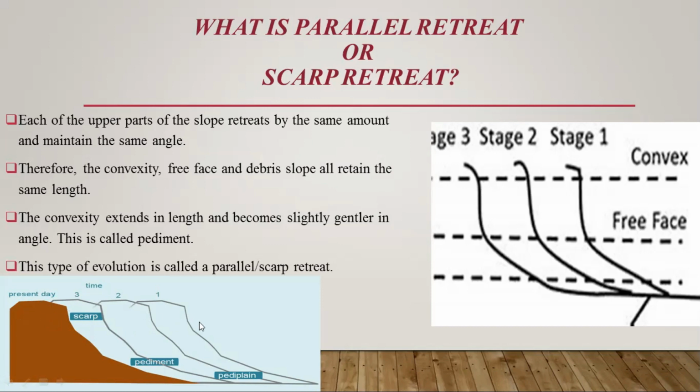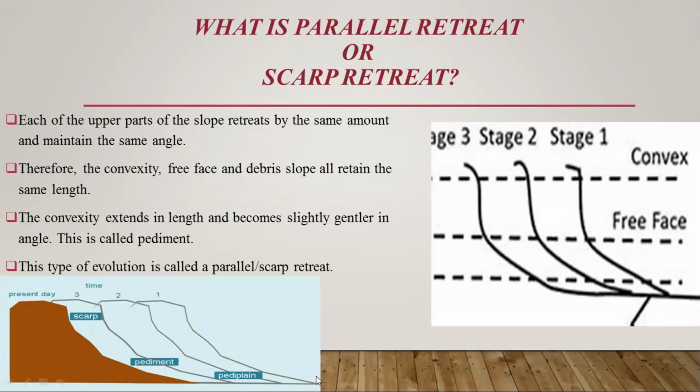The scarp, as I have said, the free face is the scarp. So see how the free face of the scarp retreats back along with the debris slope. See how they are retreating back. While they are retreating, see what is happening over here.